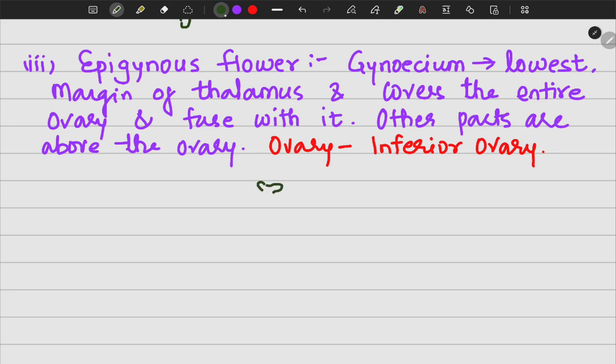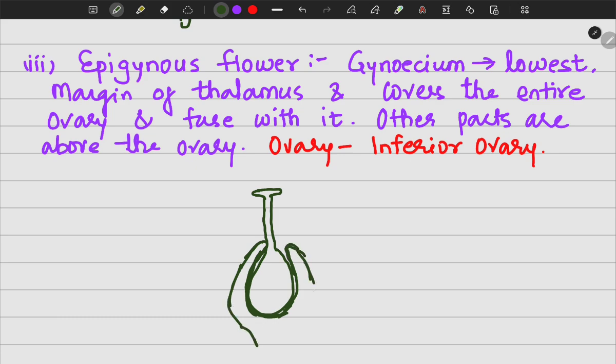So if this is the gynoecium, and this is the thalamus, then the thalamus will grow upwards like this. The margins will grow upward and it will cover the entire ovary like this.